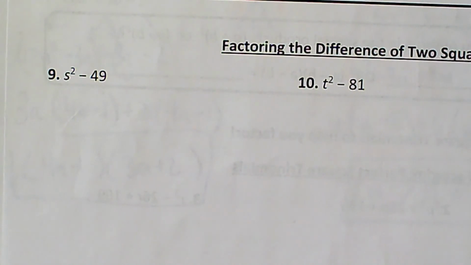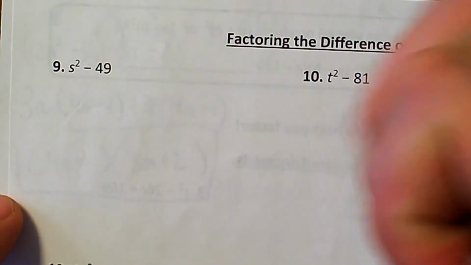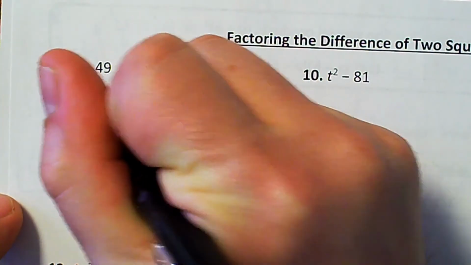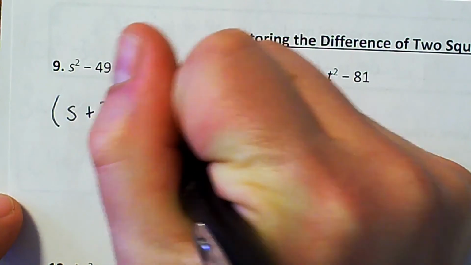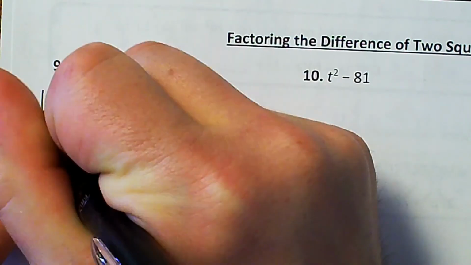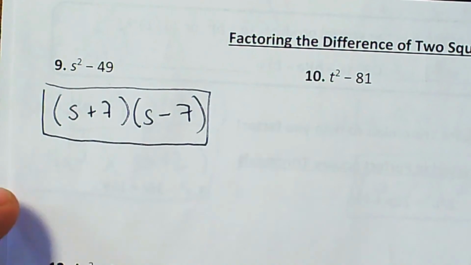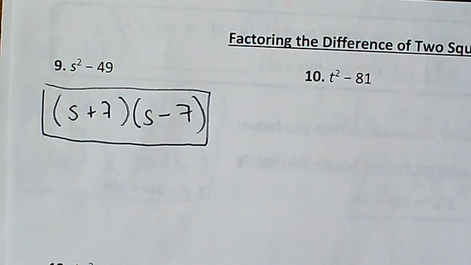So the factors here are going to be s plus 7 and s minus 7. Essentially what you do is you just square root both terms, and that's literally it. This is a nice little shortcut when you have a difference of two squares.